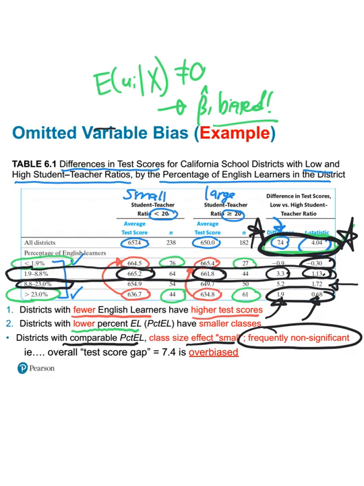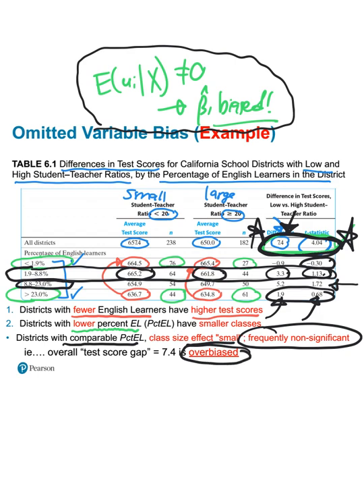We said that we potentially have an issue with omitted variable bias, and that beta 1 is probably going to be upward biased. Well, right here this says the impact is 7.4. Not quite. We have that this causal impact is greatly over biased, unfortunately. Breaking down the data and actually controlling for the percentage of English language learners, we find that the class size effect pretty much goes away.